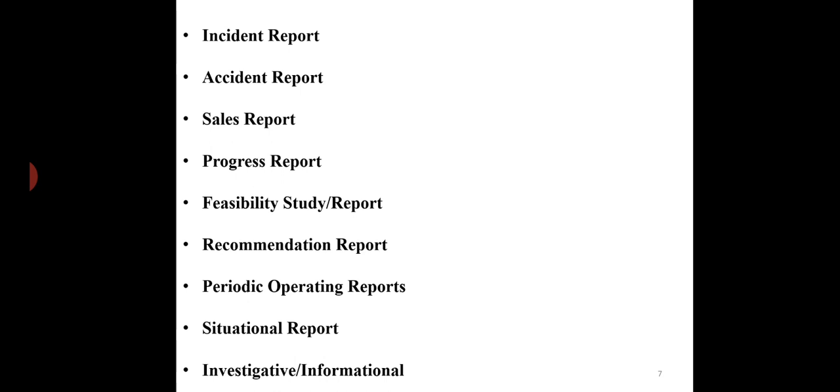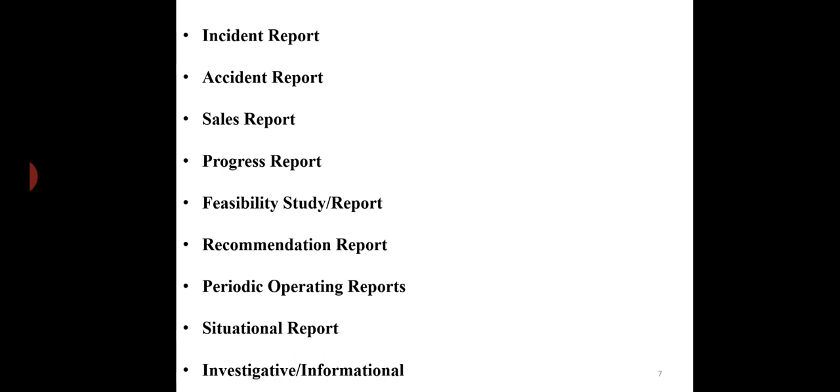Then feasibility study report, which describes something that has happened and explains very clearly all the steps that should be completed in the process.